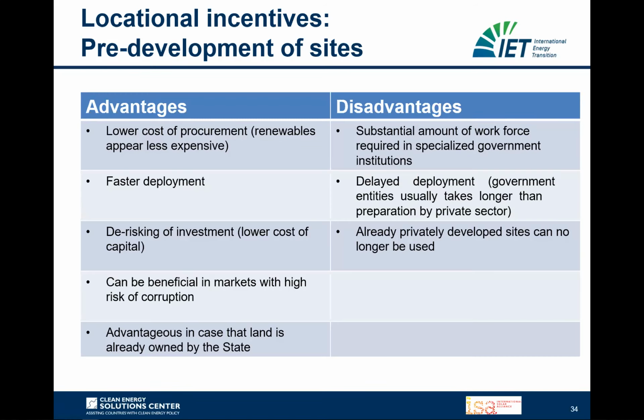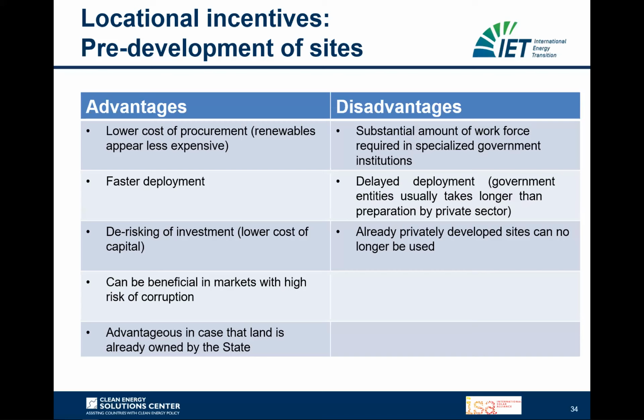So there are of course certain advantages and disadvantages again of pre-developed sites. There is the major advantage of having lower cost of procurement. And as I write it here, the renewables appear to be less expensive because some of the costs actually shifted from the private project developers to some government agency.